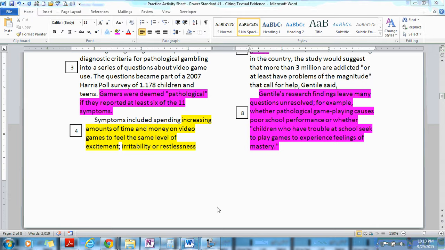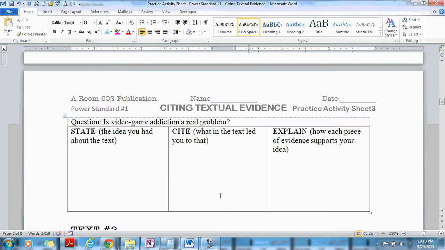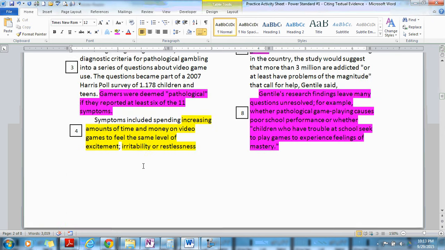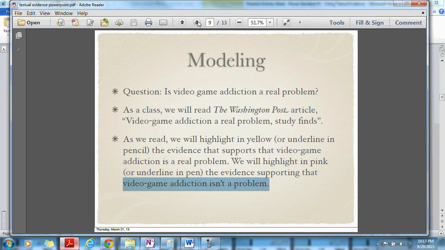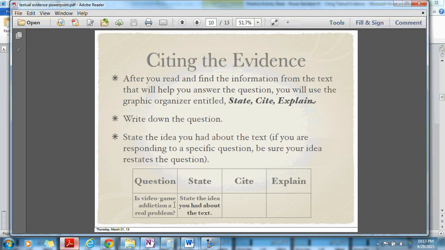Now let's go to page 3, where we have the question, is video game addiction a real problem? Well, let's look at the evidence that we have. We have a lot of yellow that would suggest it is, but let's continue to cite. First, we wrote down the question.